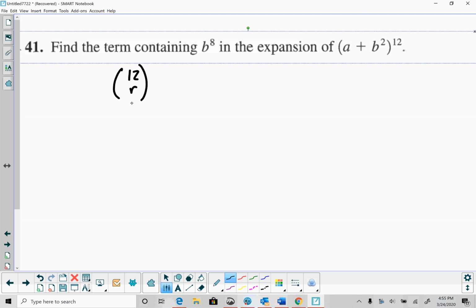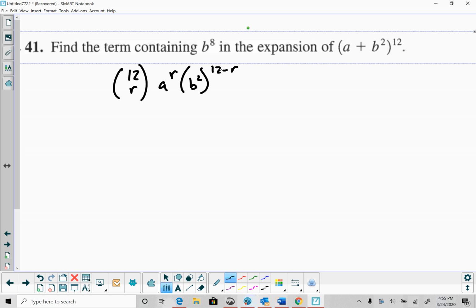I don't know which term we're using here, but I do know it's going to be a to the r power, and I know it's going to be the b squared to the 12 minus r power. Again, the sum of those always has to, in this case, equal 12.